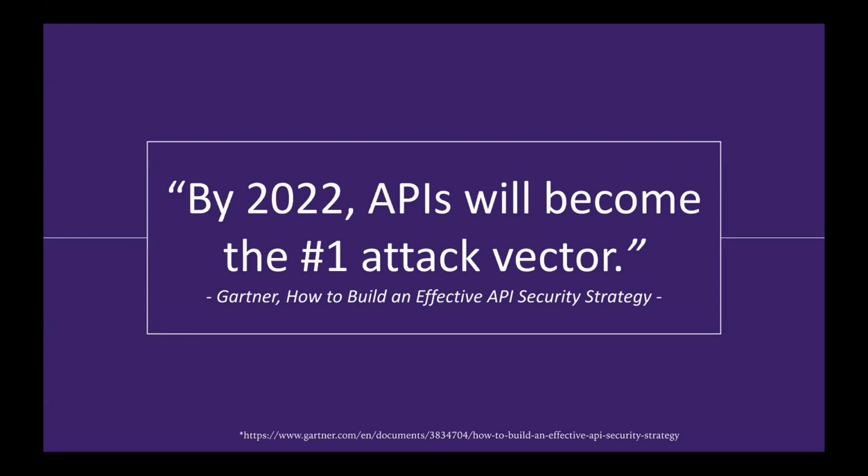It's just around the corner. This will be the #1 attack vector according to Gartner as a specific analyst, but really this is a consensus now in the market that this is happening.